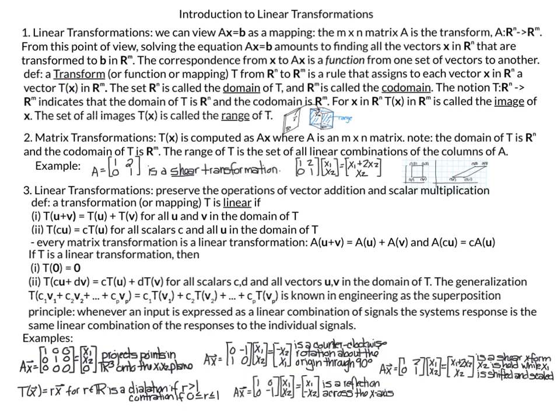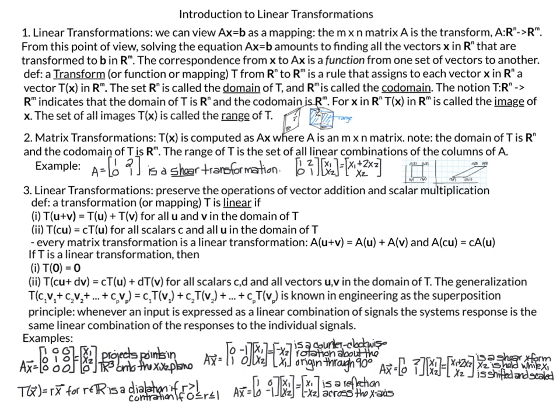The set Rn is called the domain of T, and Rm is called the codomain. We often see the notation T from Rn to Rm, the arrow meaning it goes to Rm, which indicates that the domain of T is Rn and the codomain is Rm. If x is in Rn, then T of x in Rm is called the image of x, and the set of all images is called the range of T.